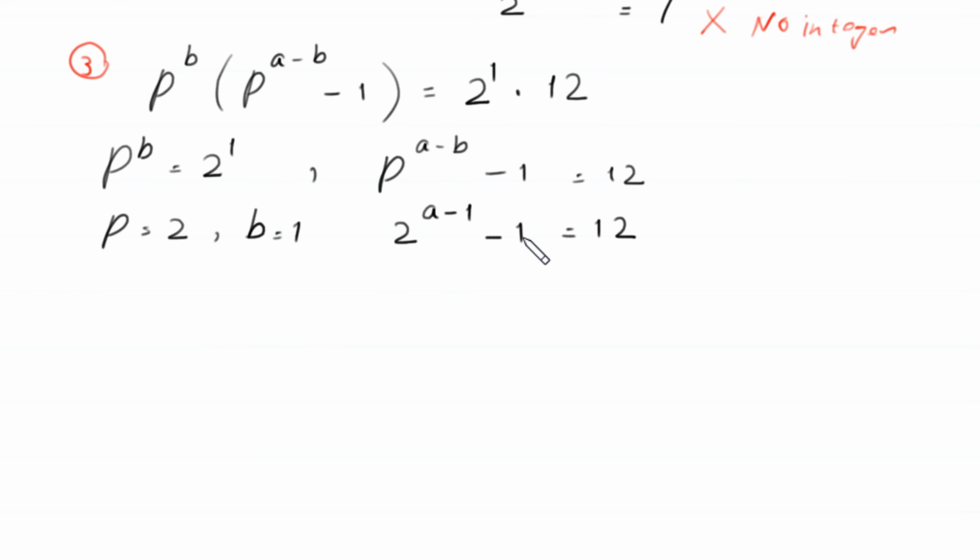Now we move this negative 1 to the right side, then 2 to the power a minus 1 is equal to 12 plus 1, 13. And because 13 cannot be written as any power of 2, no integer solution can be found from this case. Now we solve case 4.